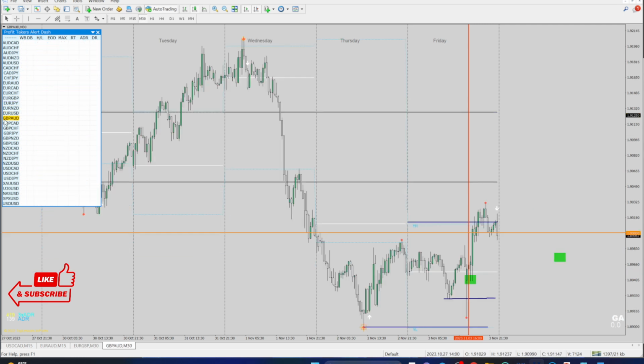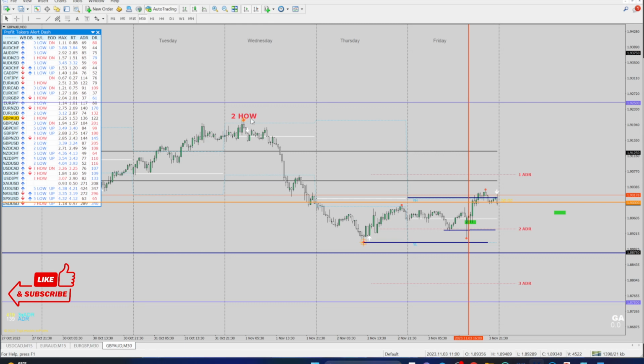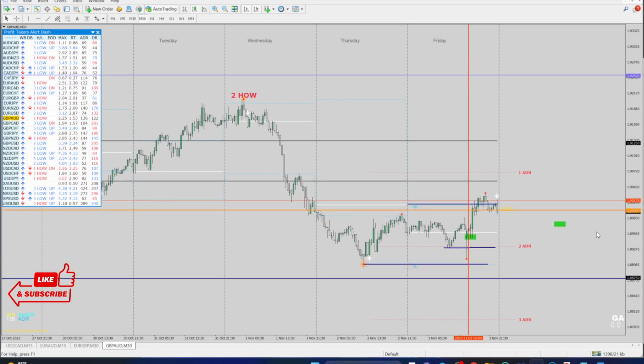So the next one, this one is pound Aussie, another one of my favorite ones. And we can see here day 3, okay, 1, 2, 3, is not presenting a W. I mean, the M pattern is presenting a W, right? So we already had the low.